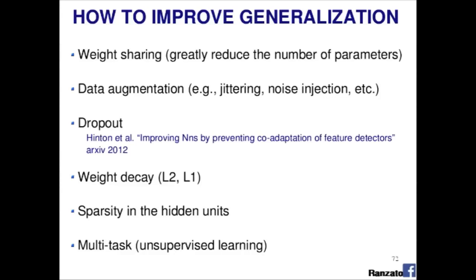And one way to inject noise in the hidden units is to set them at 0 at random, and that's called dropout. Weight decay, of course, is another good way to do it, and also multitask learning. So it could be that you have auxiliary tasks that are related to the task that you're interested in, and unsupervised learning is one of them, and that could help you generalize better.